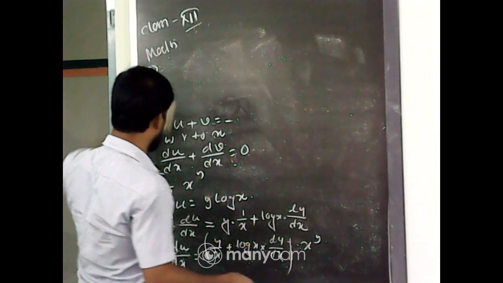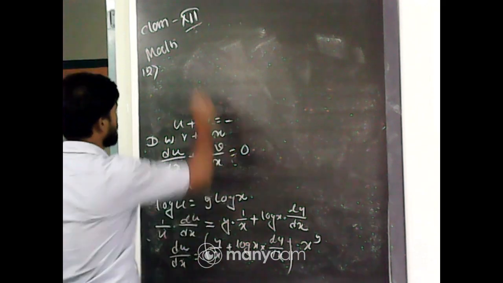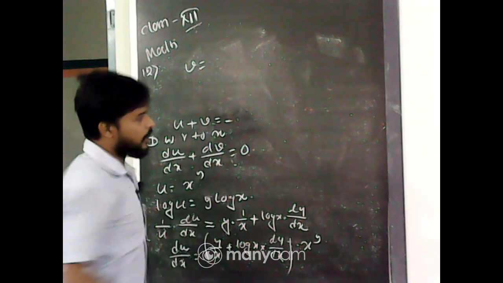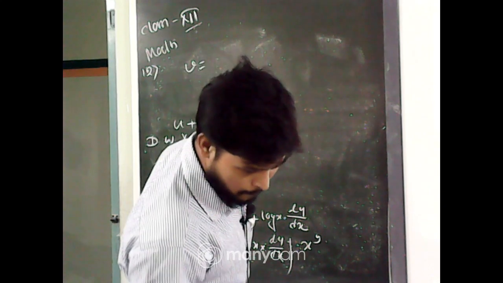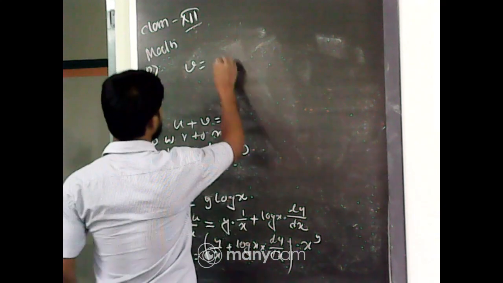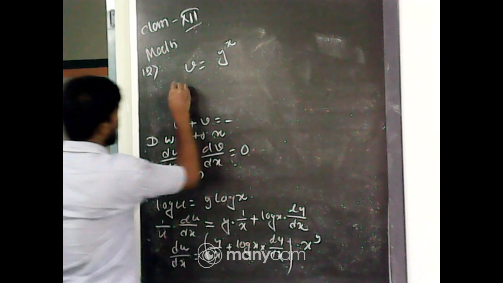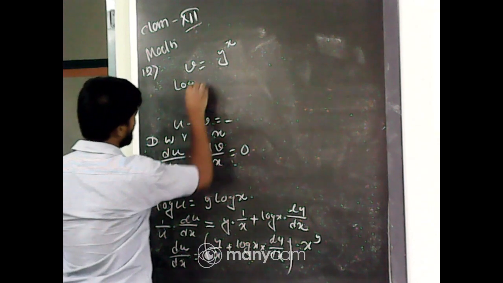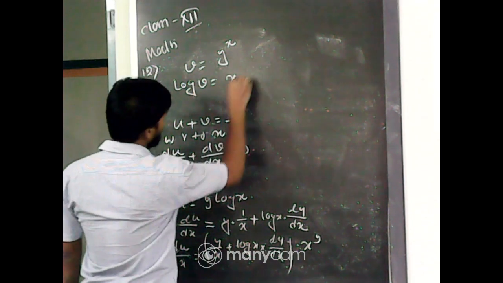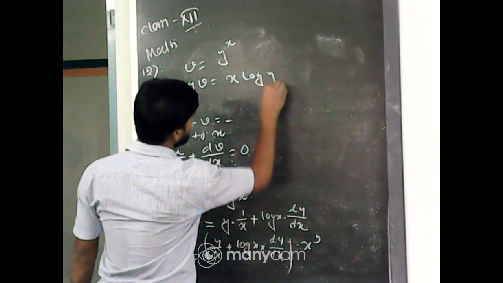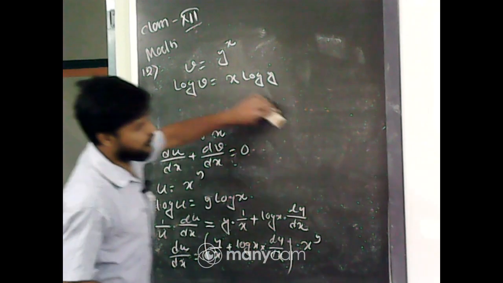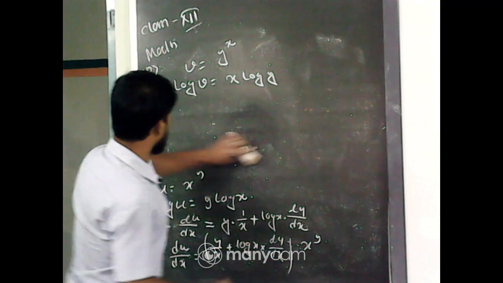So v was y to the power x. Taking log both sides, we have log v equal to x log y. Now differentiate with respect to x.